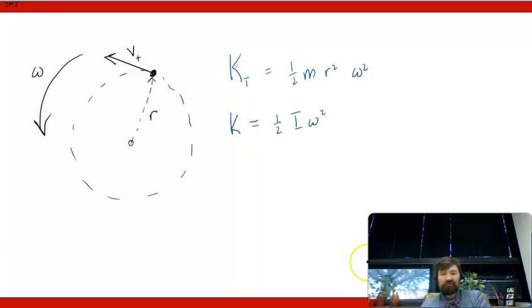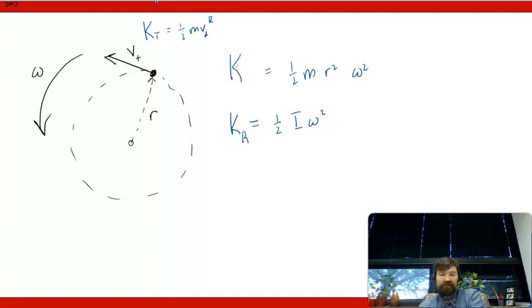I've dropped the t because at this point I've gone from having a translational looking kinetic energy in terms of v_t, K translation, which should look like 1/2 m v_t squared, to terms of I omega squared. And so properly speaking, this is more like a rotational kinetic energy.